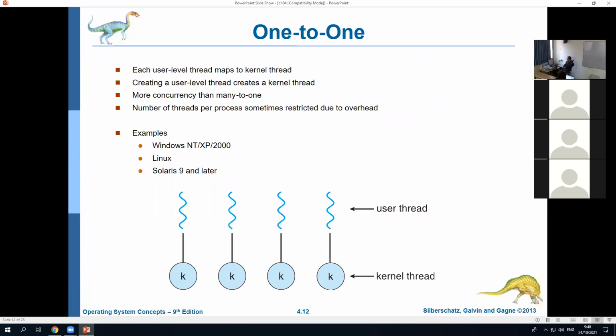Here is a more logical system. Each user level thread maps to a kernel thread. In other words, the kernel can run each thread independently. But that means that the kernel has to know about all these threads and manage all these threads. So you'll have to limit the number of threads.